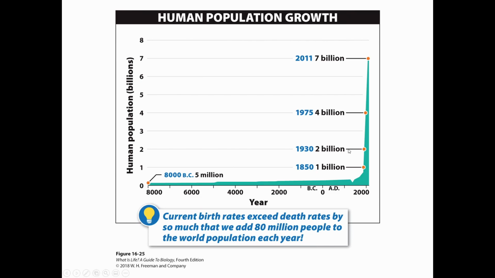And then it only took 45 years to go from 2 to 4. And then it only took about 30 some odd years to go from 4 to 7. So we're seeing it get faster and faster and faster. We're adding about 80 million people to the world population every single year. So it's really not going to take long to get from that 7 billion range to that 11 billion range.